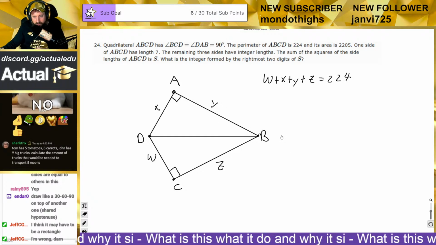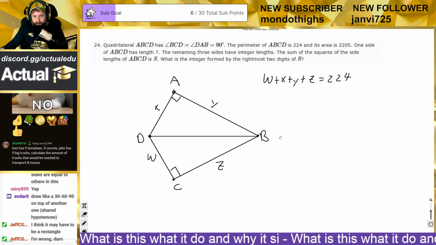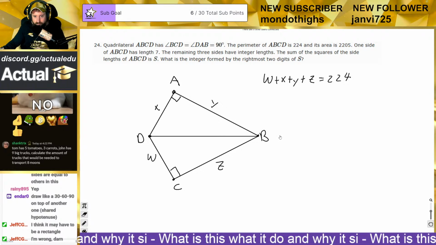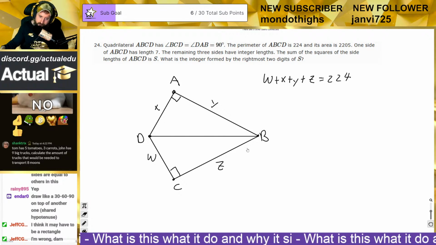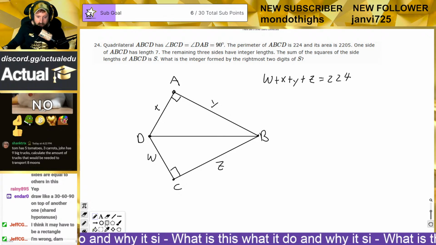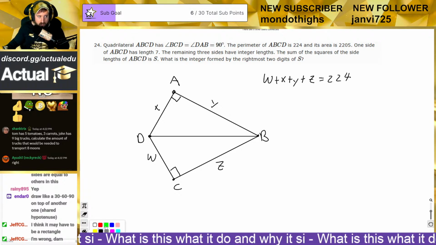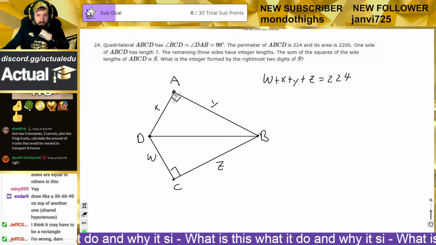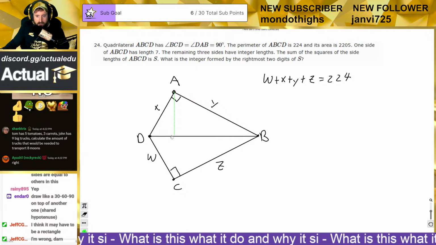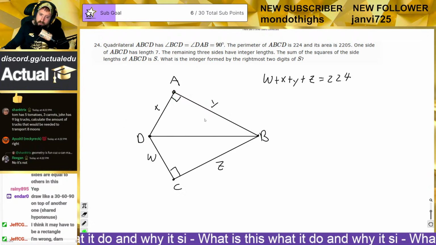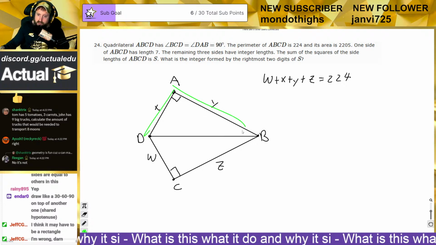And its area... I kind of want to take the idea of... Actually, no. No, we're good. We have a base and a height, right?